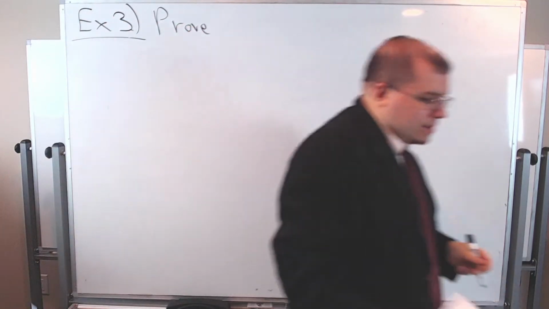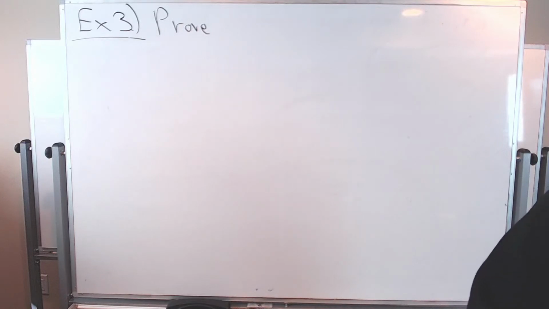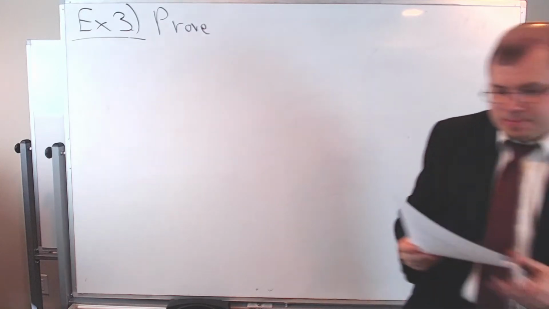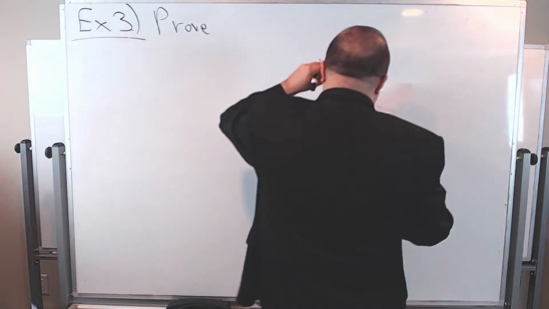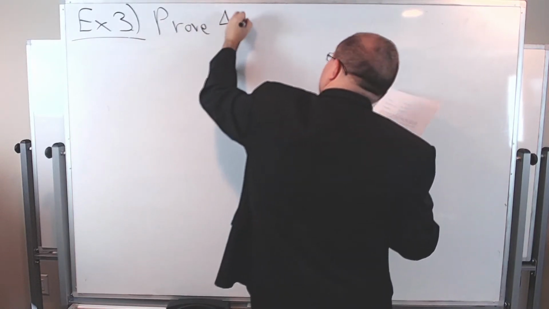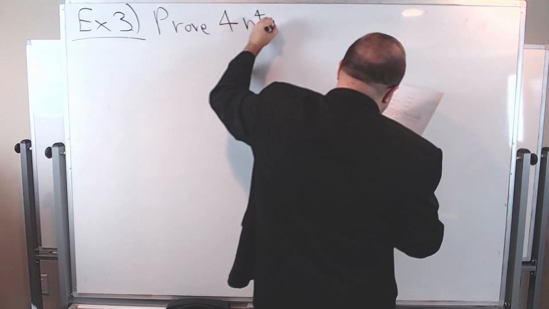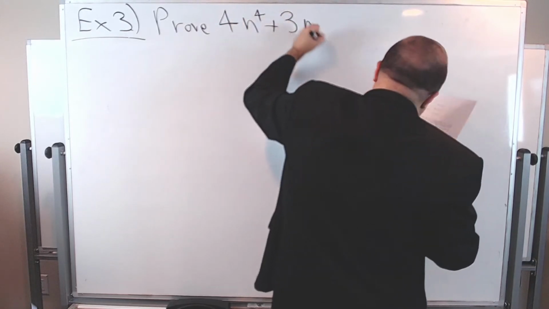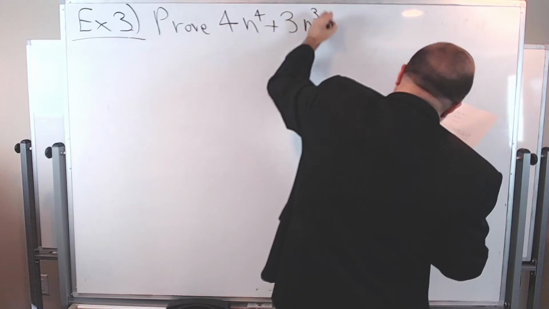Let me get my next example. Okay. Let's get something a little bit more complicated. At first, this is going to look a little bit more daunting if you're not familiar with polynomials that look like this. I'll define what a polynomial is, at least in our context, in a moment.